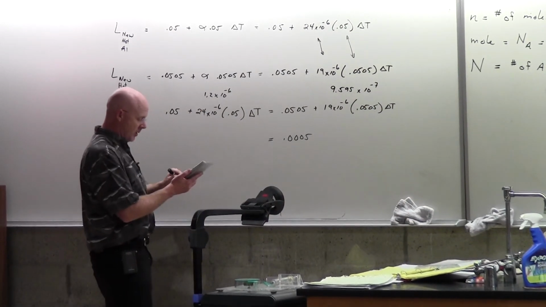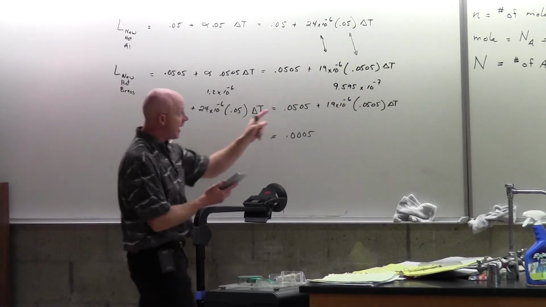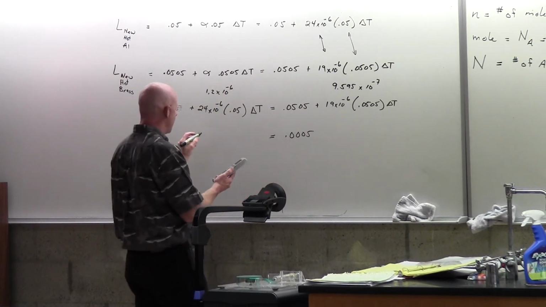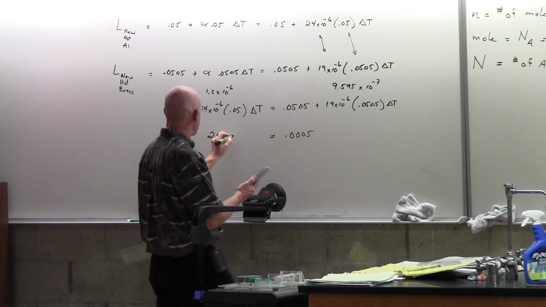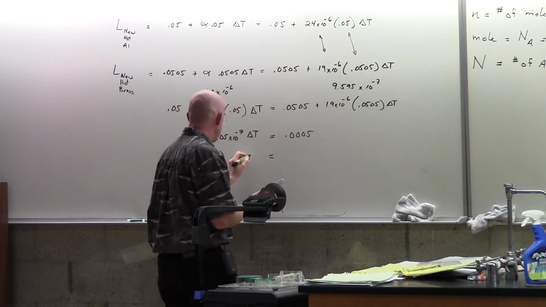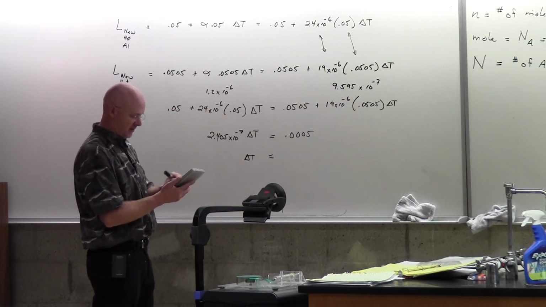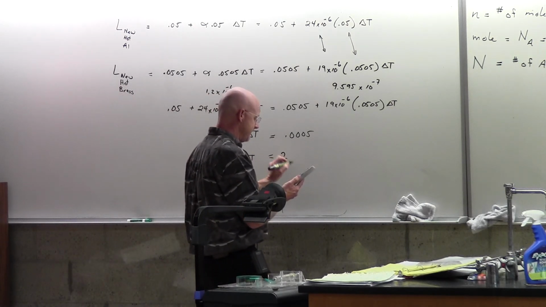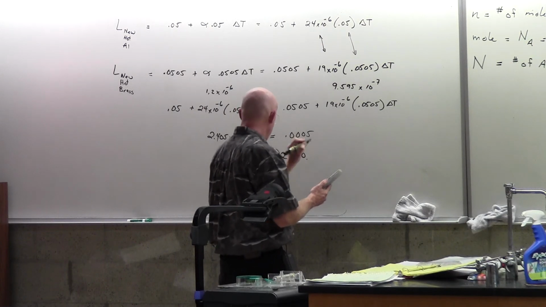So when I take the 1.2 times 10 to the negative 6 and subtract that last answer, I get 2.405 times 10 to the minus 7 delta T. Or finally, delta T is 0.0005 divided by that last number, and I get 2,080 degrees.